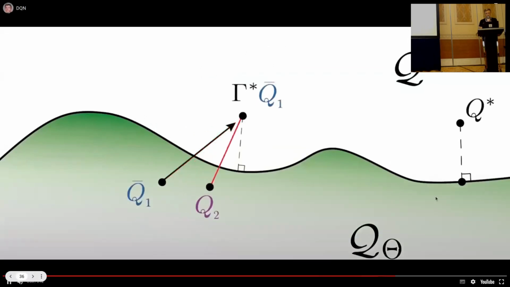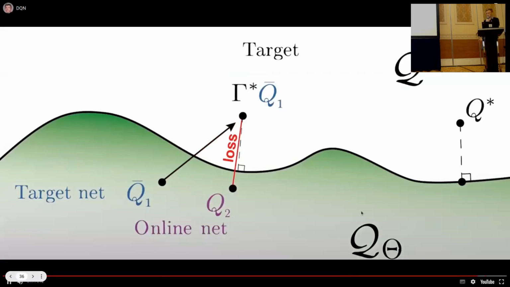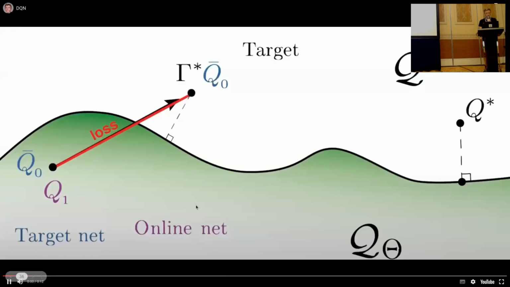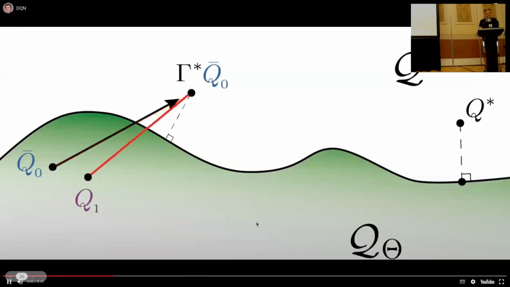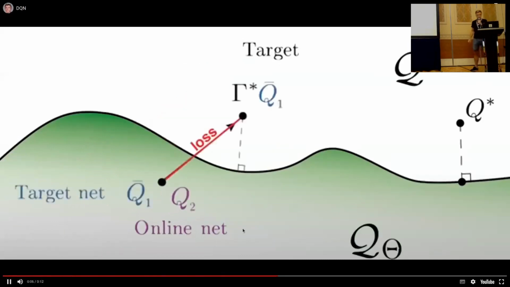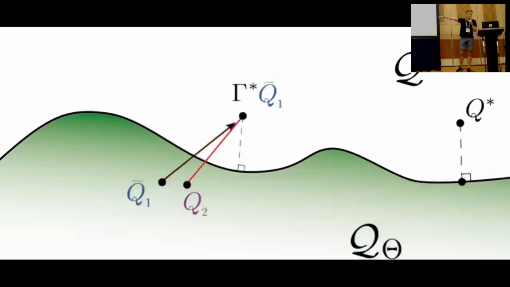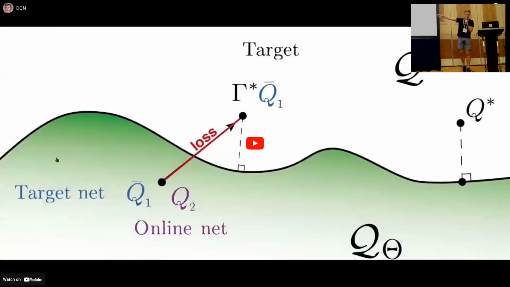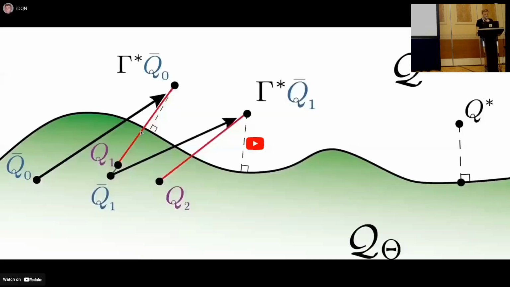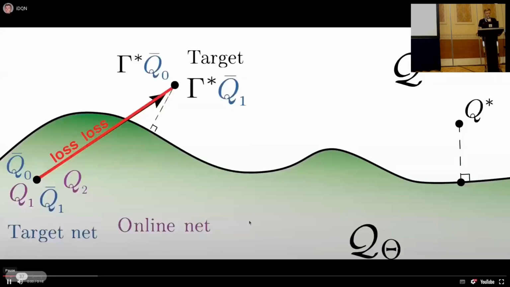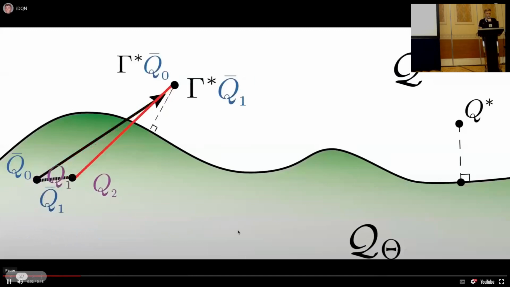So we have online net Q1, then Q2. Yeah, here's the iDQN. Here we have two online networks, Q1 and Q2. And they are moving forward to the respective Bellman operator here, to the updated one.